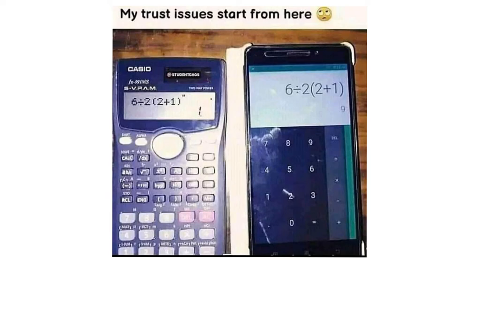Have you seen this picture or a similar one floating around Facebook or Twitter or whatever social media you use? Because I sure have.